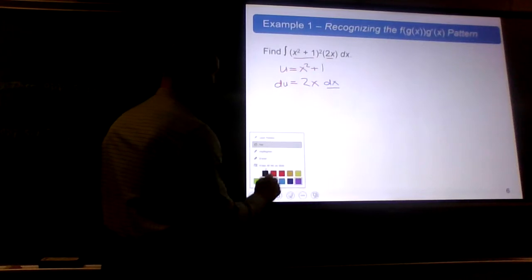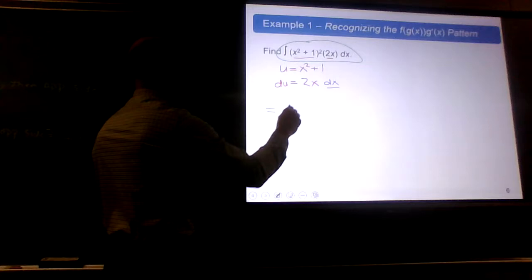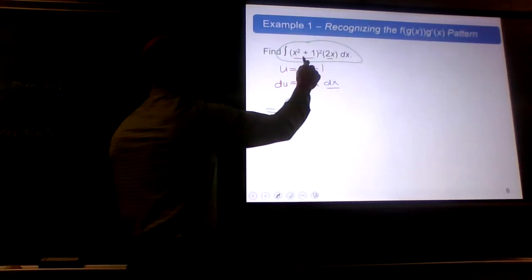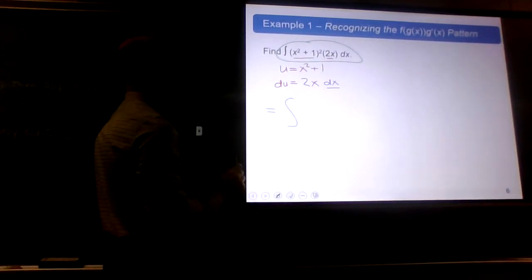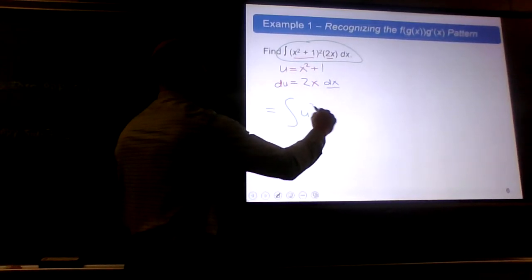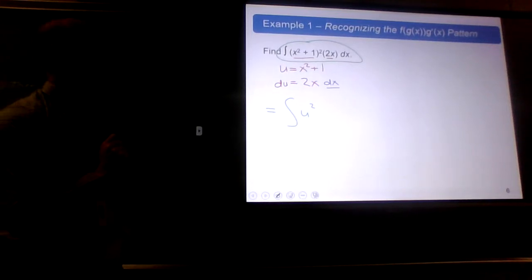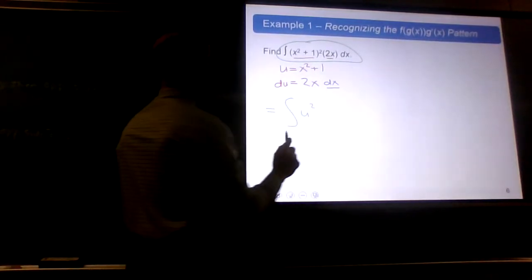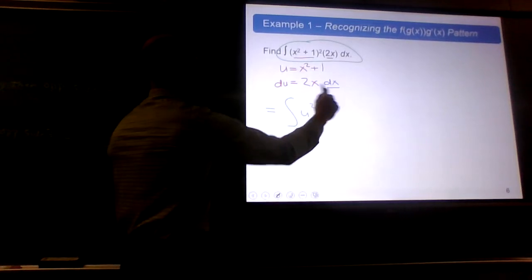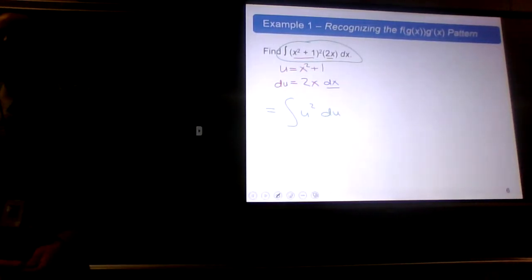Now I'm going to use substitution with this integral. And guess what I'm going to put in for x squared plus 1? U. And by the way, it's squared, isn't it? In fact, I'll just leave that like that. And what's 2x dx? Well, 2x dx is du. Here's what I'd like you to observe.